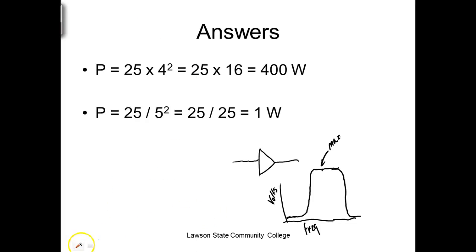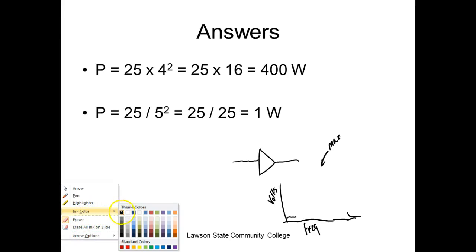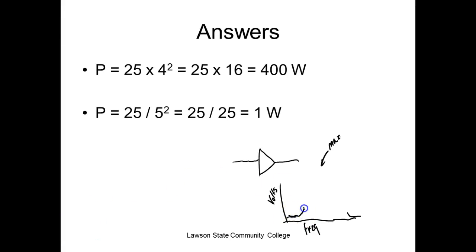We're not going to get into how you can calculate the bandwidth of a transistor. They have something called the gain-bandwidth product. So I'm going to slant this a little more so we can see it. Now this is volts. Bandwidth is defined as the half power point.